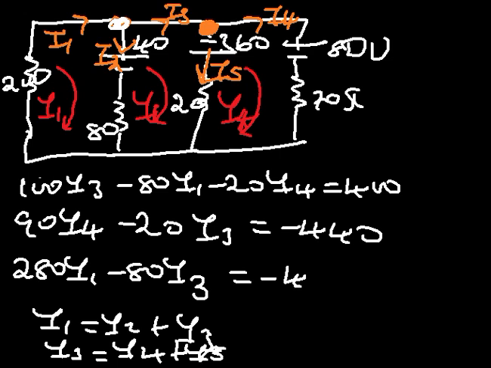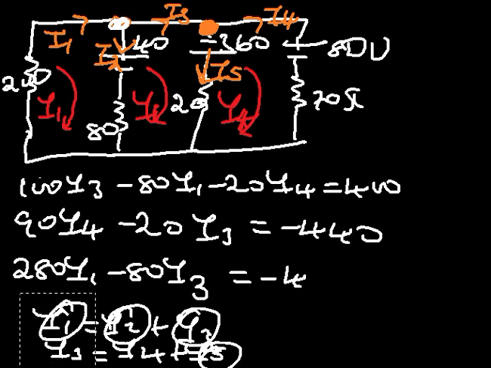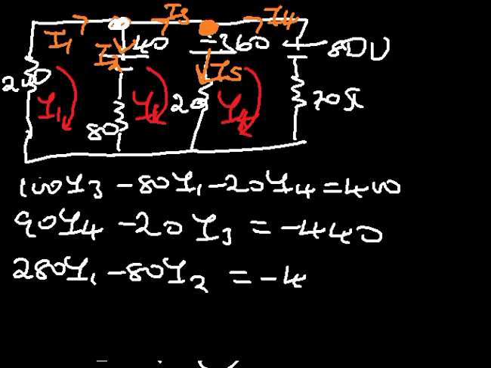You'll be able to get I5, and in the same way I3. So try that in your own time the way I've explained. Of course, you can also look at other cases of how to solve for those unknown currents, but that's the best way I can tell you. So keep that in mind.